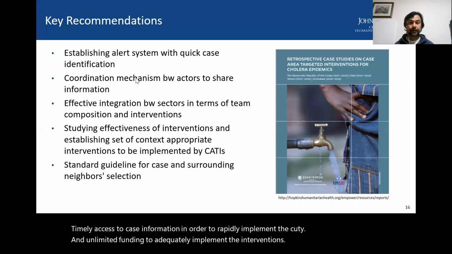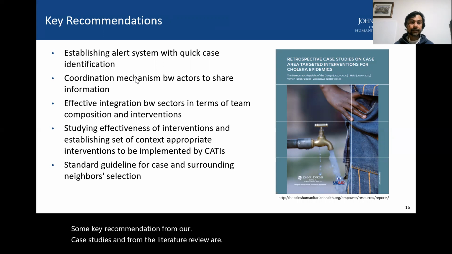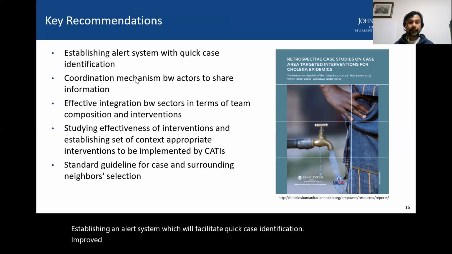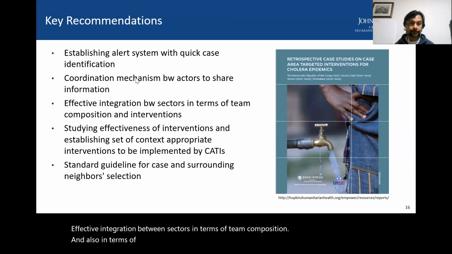So key recommendations from our case studies and from the literature review are establishing an alert system which will facilitate quick case identification, improved coordination mechanism between actors to share case information, effective integration between sectors in terms of team composition and also in terms of the interventions.